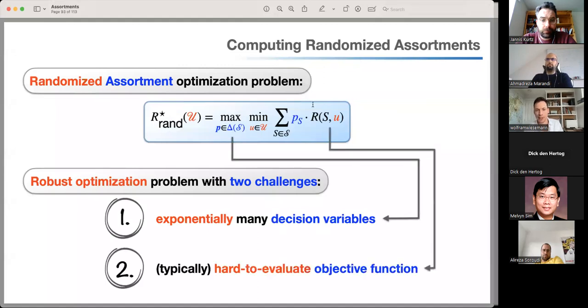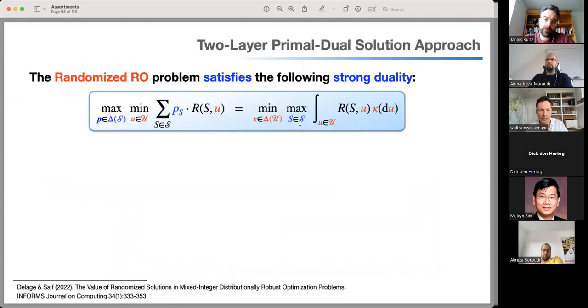And the second challenge is that the objective function is typically not benign. What I mean by that is it's typically non-convex and requires either the solution of some fixed point equation or the solution of a mixed integer linear program. So we will address both of these challenges simultaneously by adapting a procedure that has been proposed by Delage and Saif.